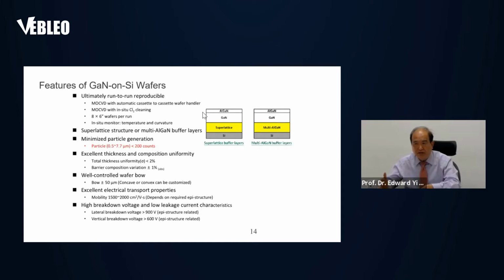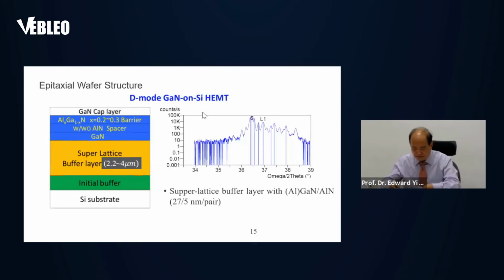And the electrical property is excellent, with mobility up to 1,500 to 2,000 centimeters squared per volt-second, high breakdown voltage and very low leakage current. So with this kind of approach and the tool, we can get very good quality for this kind of application.